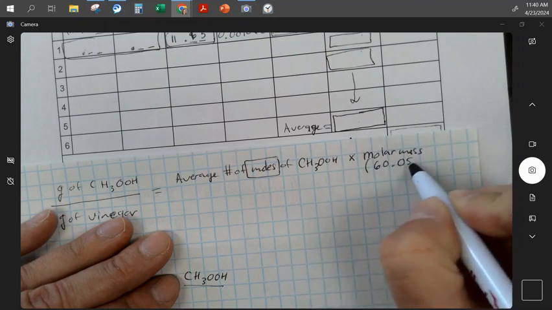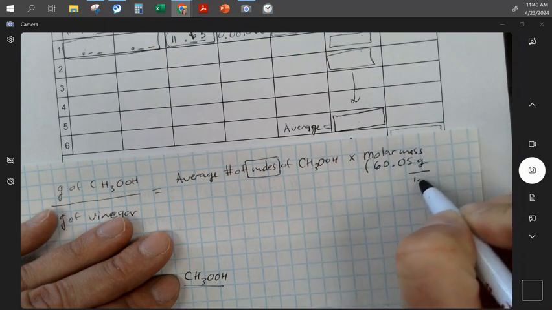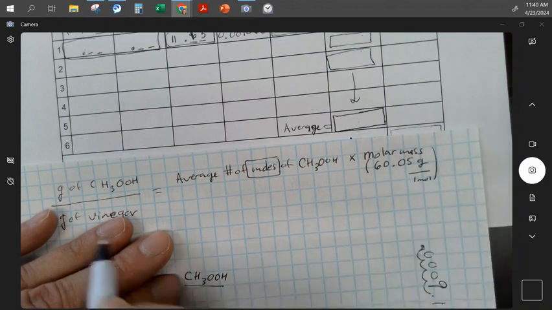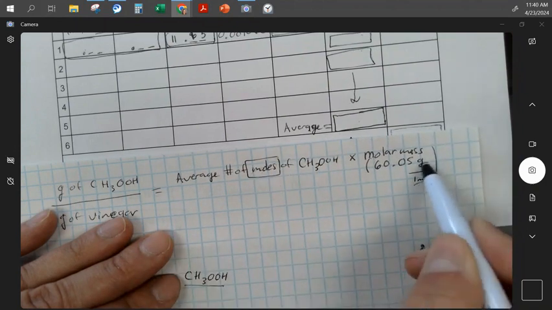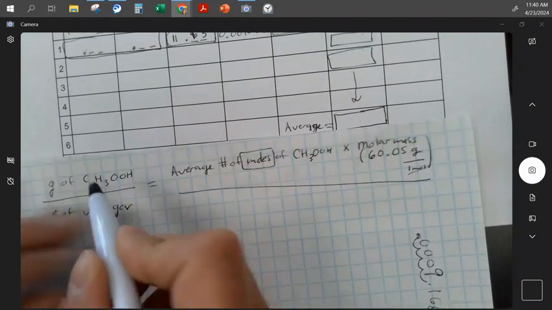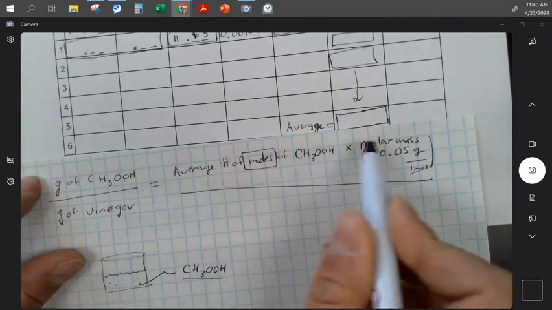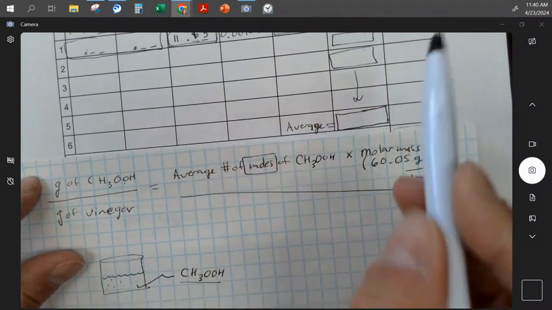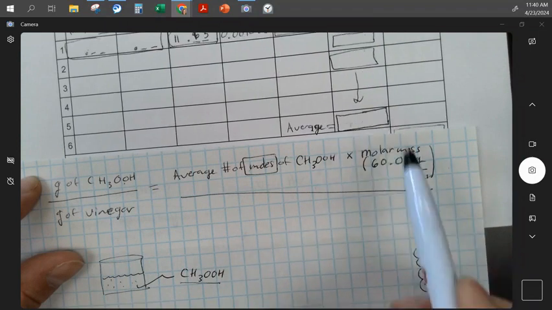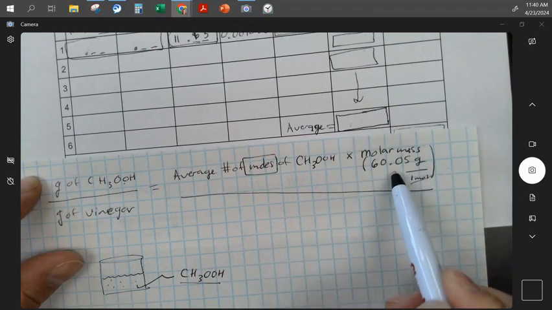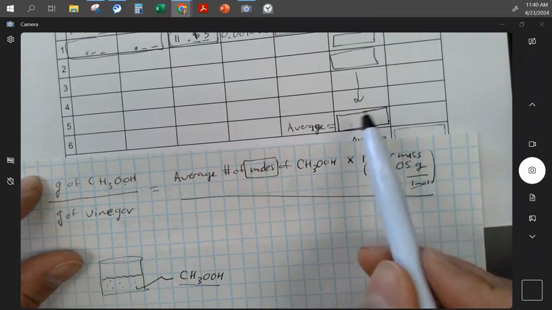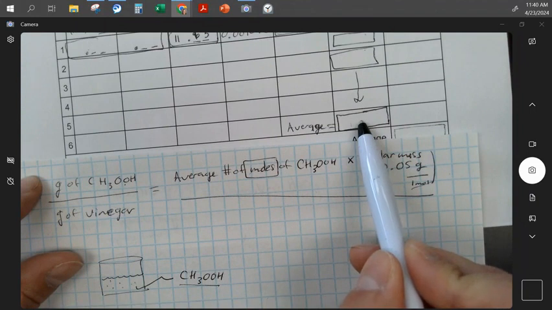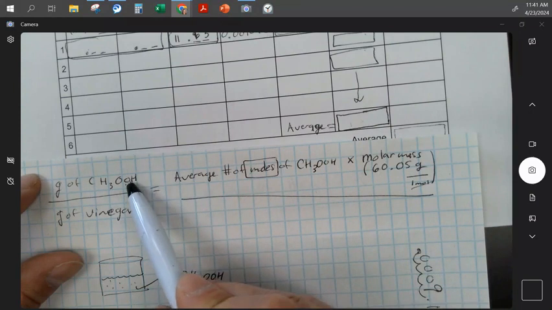It's 60.05 grams per 1 mole. And that will cancel moles, we'll get grams. So we're looking for grams of acetic acid. That's how we're going to find grams of acetic acid: this average times 60.05. This should have 2 sig figs.